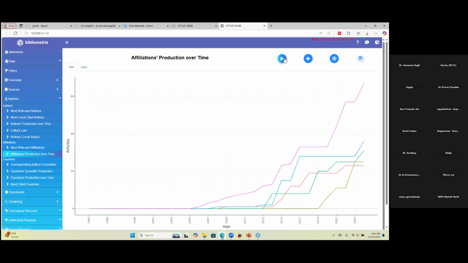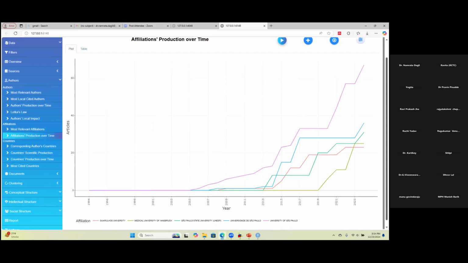This is affiliation production over time. So this is how it shows multiple institutions' production over time. We can see in which year which university has published how many papers.